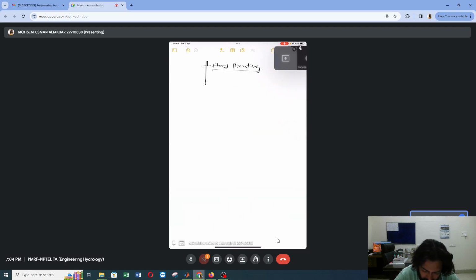So today we are going to discuss flood routing. Let us assume we have a hydrograph on the upstream side of a catchment or a river, that is, at an inlet.